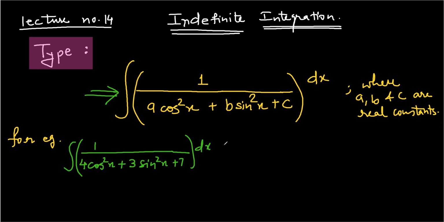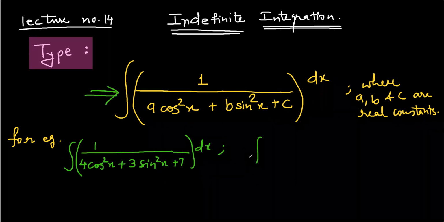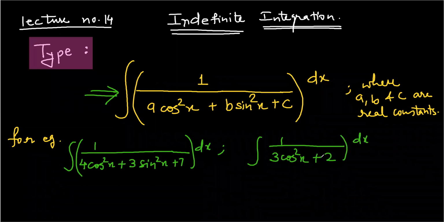See, there are other examples also. Suppose I have 1 upon 3 cos square x plus 2 dx. So when I have this, what I can say? I can say that b is 0.